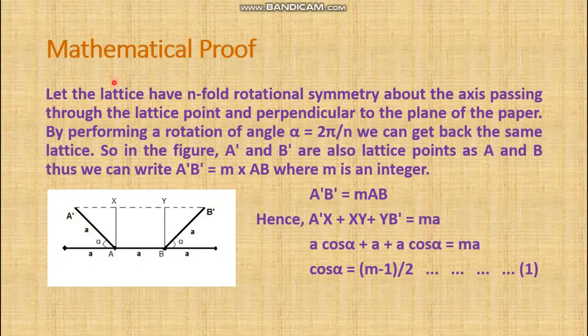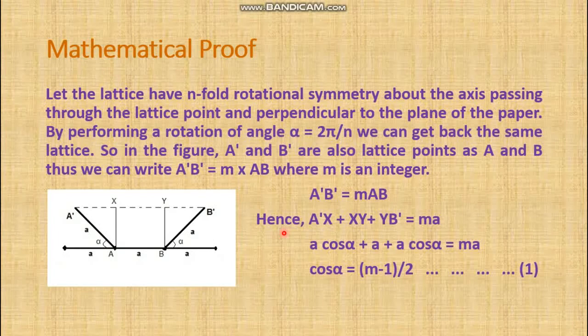So let's start. Let the lattice have n-fold rotational symmetry about the axis passing through the lattice point and perpendicular to the plane of the paper. By performing a rotation of angle alpha, which is equal to 2 pi by n, that means 360 degree by n, we can get back the same lattice, isn't it?